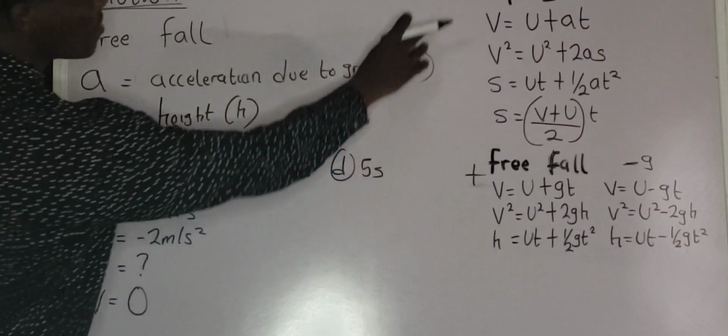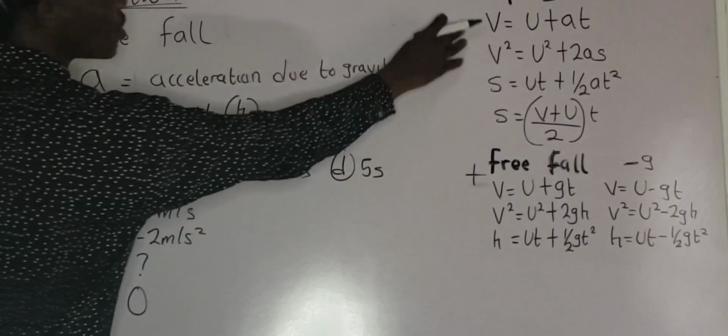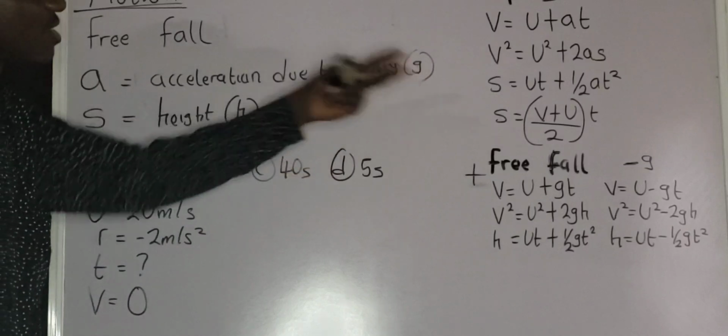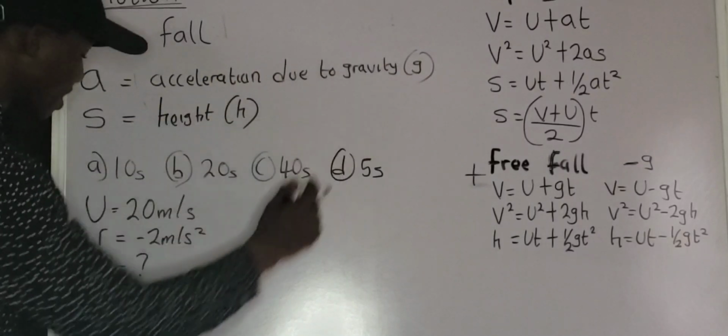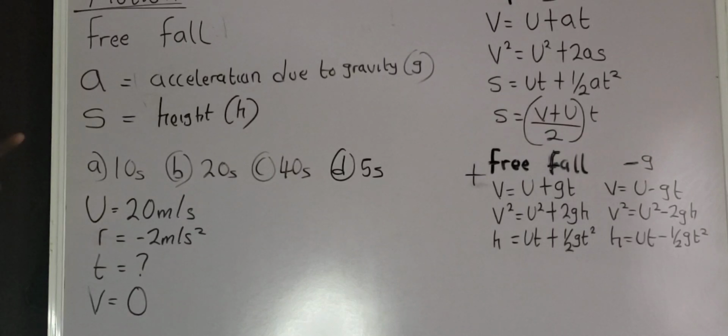So now, out of all these equations of uniformly accelerated motion, which one are we going to use to calculate the time taken? It is very, very easy. Since you have already listed out your parameters, you are just going to go through your equations. Which of these equations has all the parameters that I have here? After that, you plug in, then you solve for the value of the unknown that you are looking for, which is t.